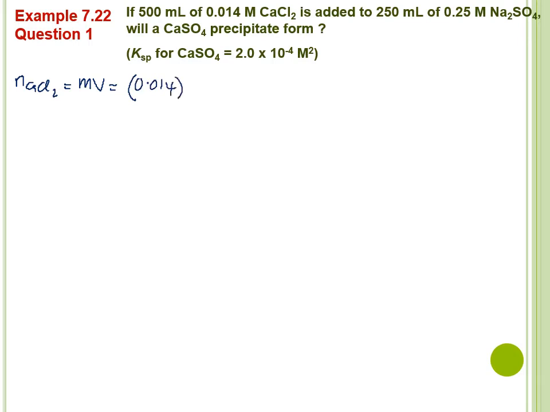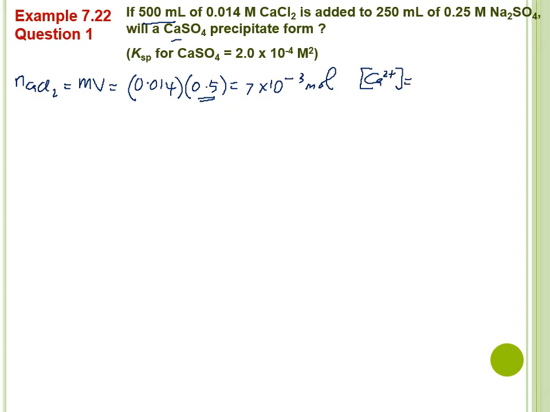0.014 multiplied by the volume, which is 500 ml, so that would be 0.5 liters. This is 7 times 10 to the power of negative 3 mole. Remember, this one must be in liters. If you want to use ml, you need to do MV over 1000. Now, what is the concentration of calcium ion?